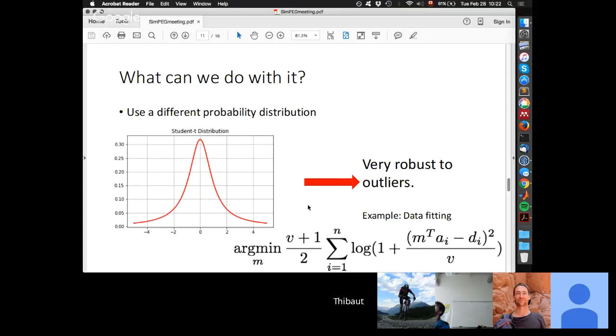Another distribution that I think is really cool is the Student's t distribution. It's like a Gaussian, but with heavier tails. So it's very nice for outlier detection, or if you know that most of your data are good, but you also have a lot of outliers that are hard to detect, enough that they skew your distribution.